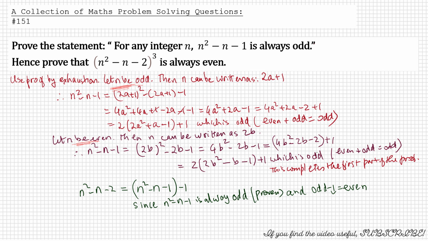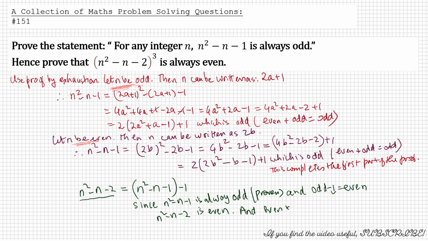Okay, so then we can say that n square minus n minus 2 is even. That proves that n square minus n minus 2 is even.